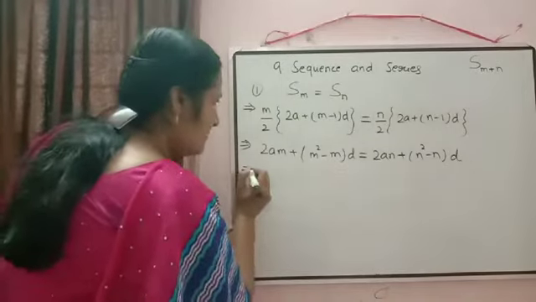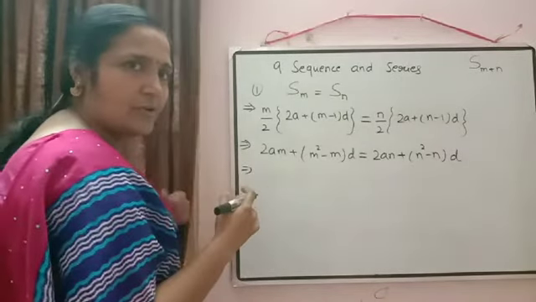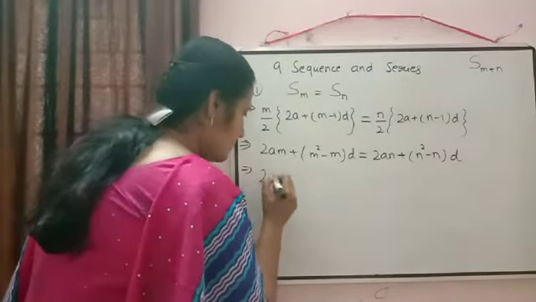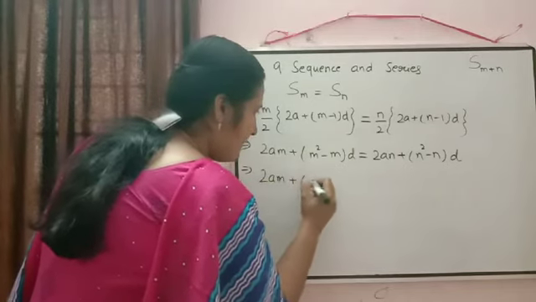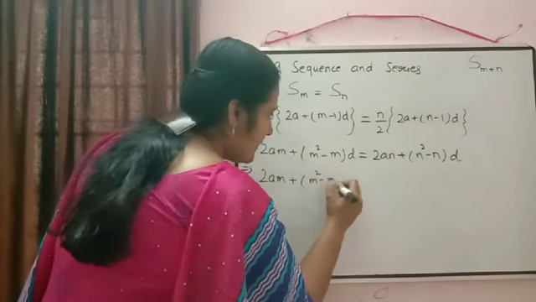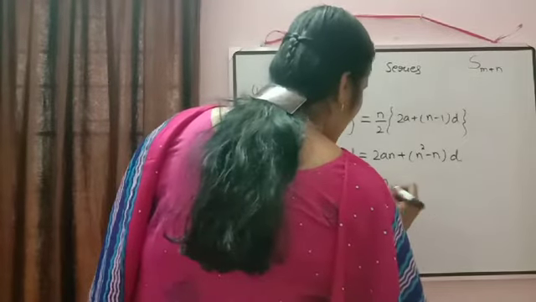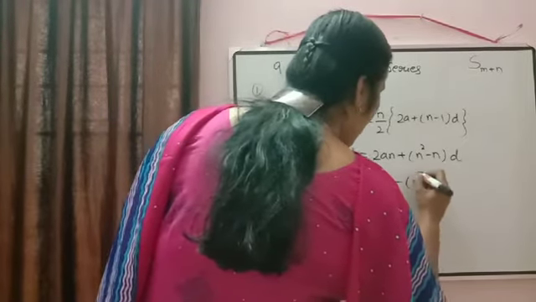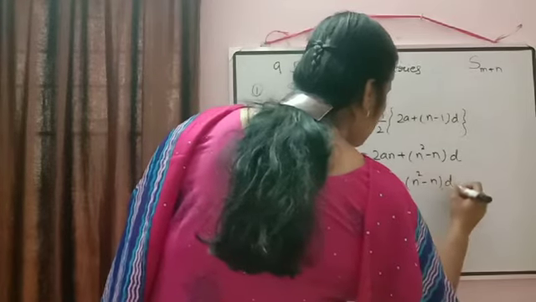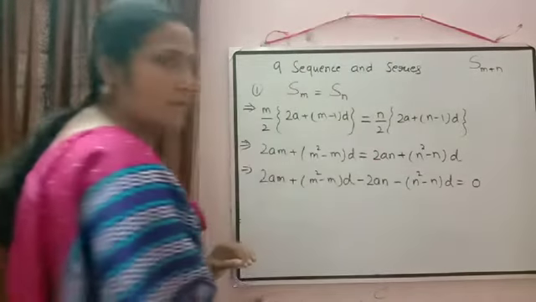Now what we will do? We'll shift all the expressions to one side. So it will be 2am plus (m square minus m) into d minus 2an minus (n square minus n) into d equal to 0.